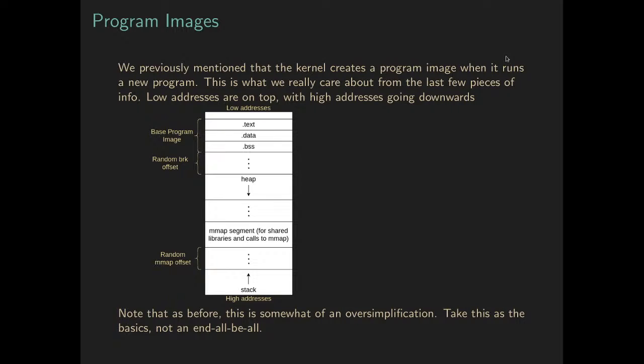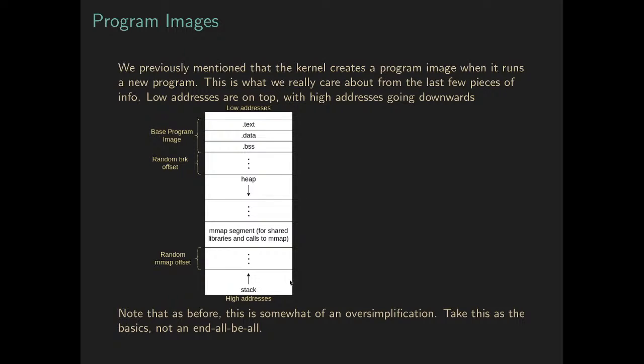A program image is basically the set of sections loaded into memory, and they're usually put into segments. Here, at the top, we have the base program image that contains the text section, data section, BSS section, all that jazz. And then we have some heap after that.